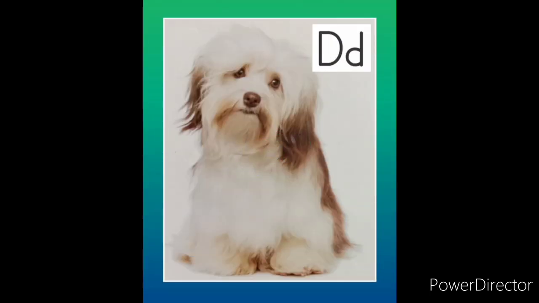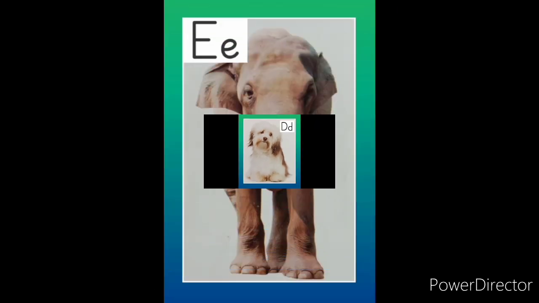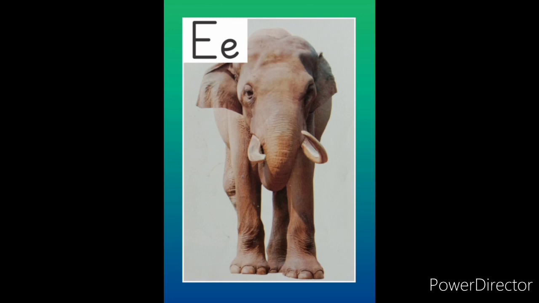D. Capital D, small d, Mama D, baby D. D for dog. What comes after D? E. Capital E, small e, Mama E, baby E. E for elephant.